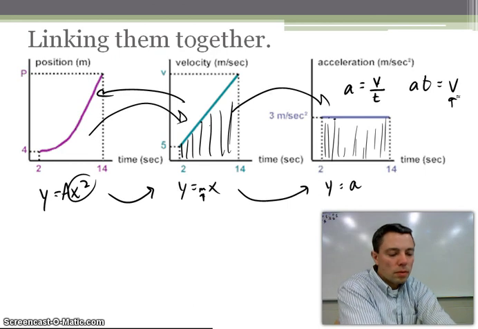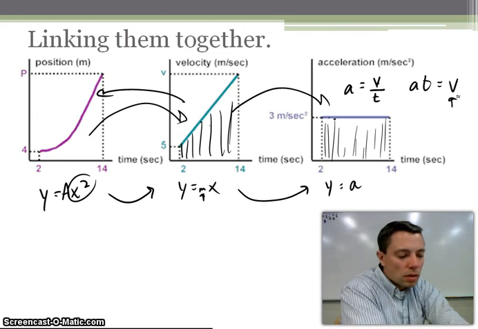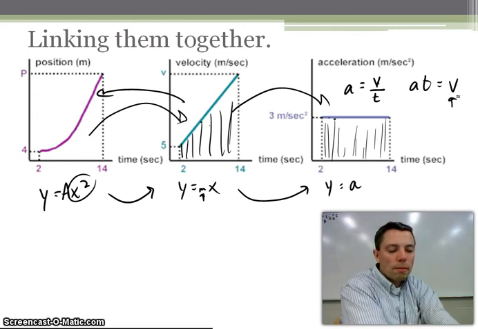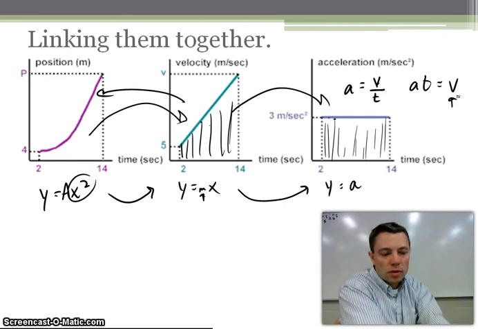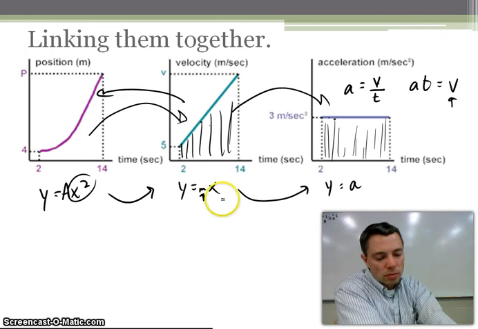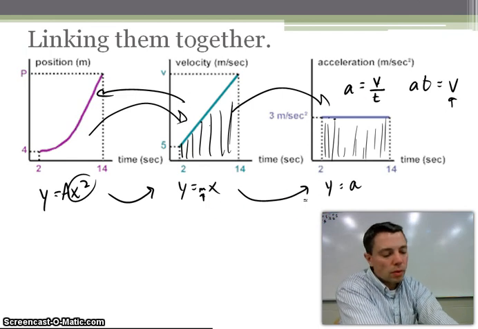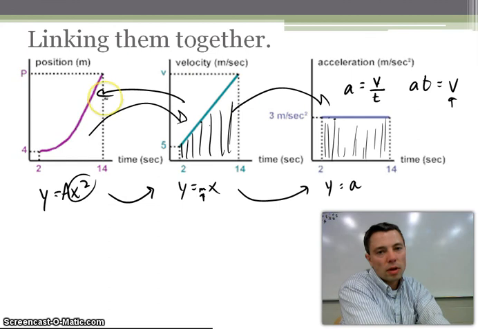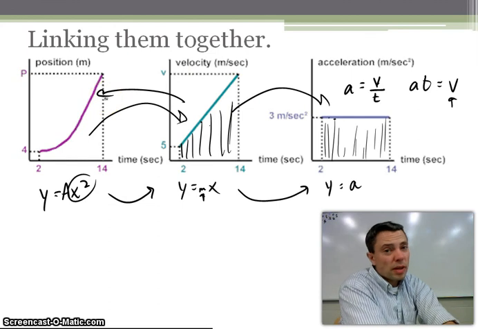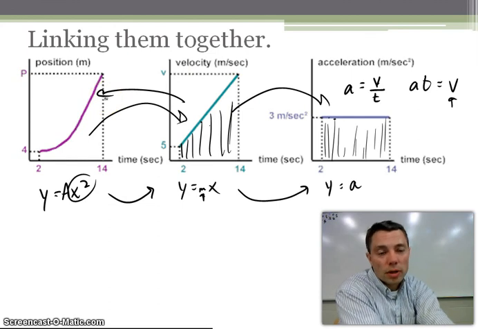Okay? So we're finding the area by taking the acceleration times our time. So that's kind of how we link these things together. It's based on either slopes, or we base it on areas. Going this direction, we call that derivative. Going the other direction, we call that integration. So that's my calculus terms. Don't need to scare anybody off with that.